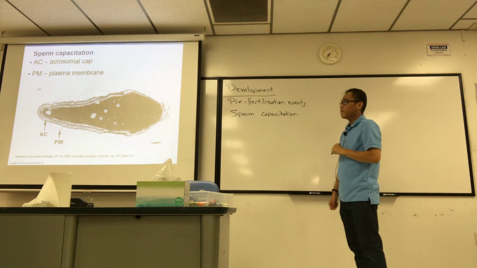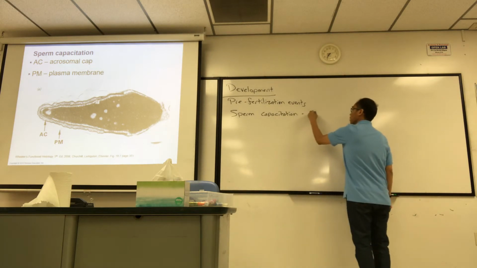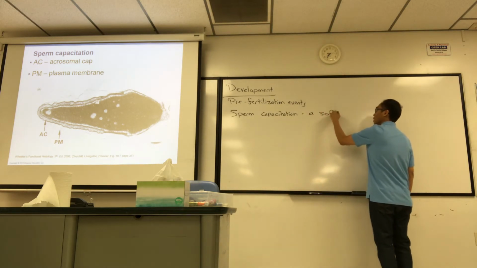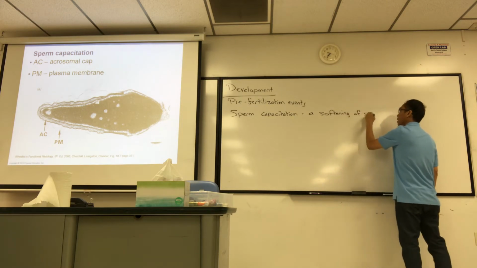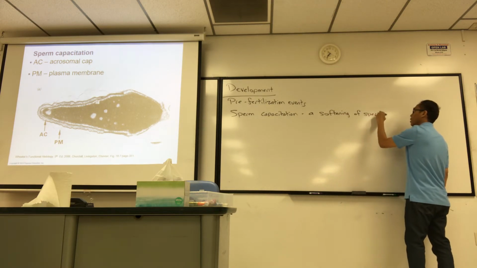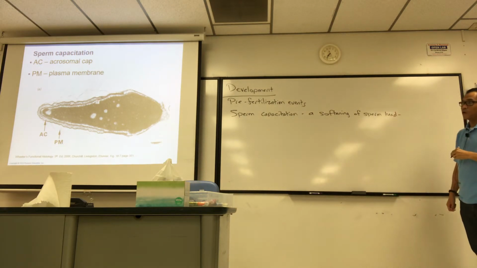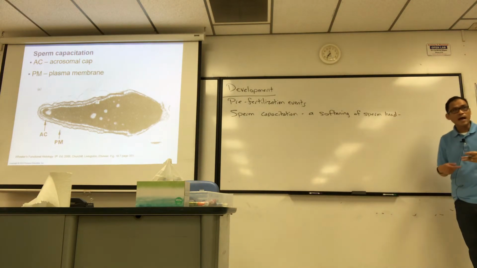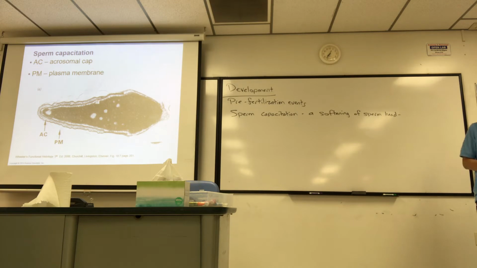It's a softening of the sperm head. This occurs within the female reproductive tract. It's one of the last sperm maturation things that happens, and it cannot even happen until it's in the female reproductive tract.